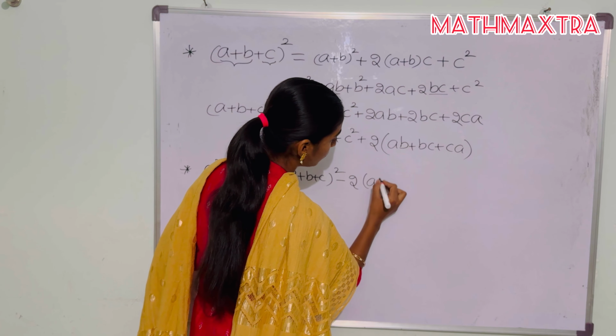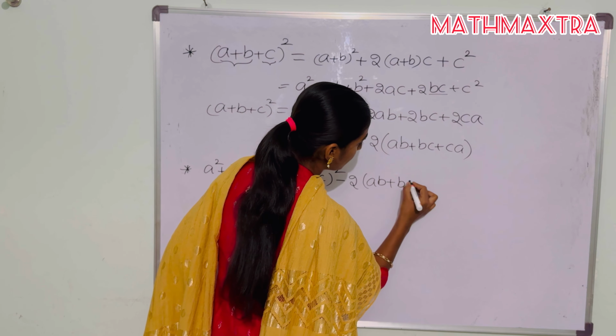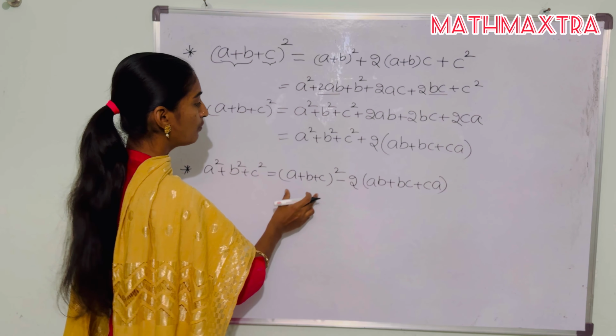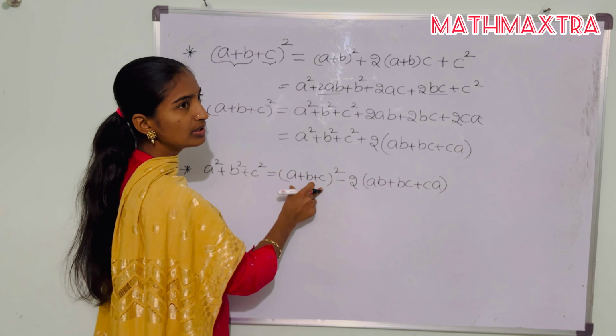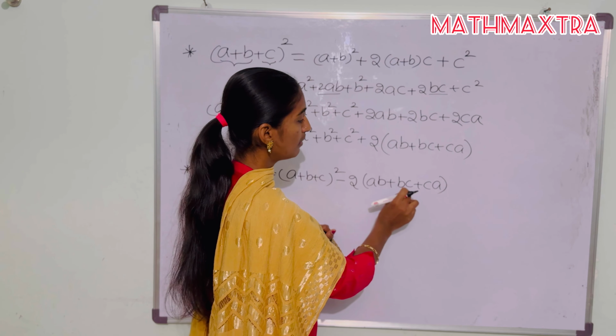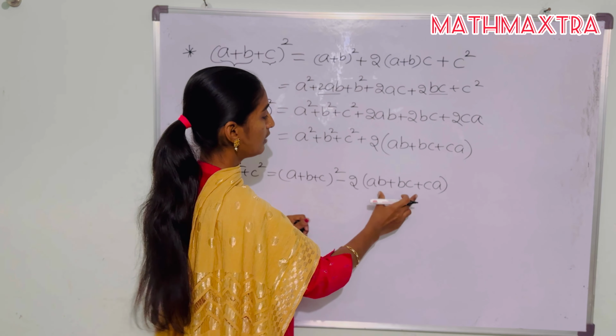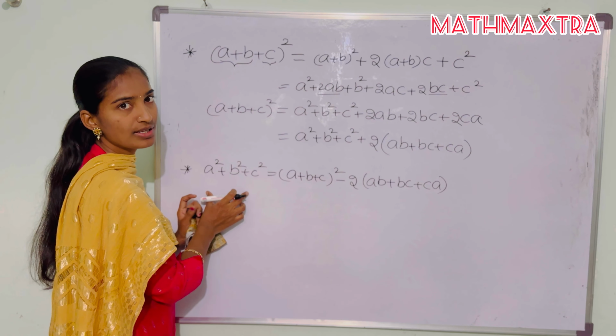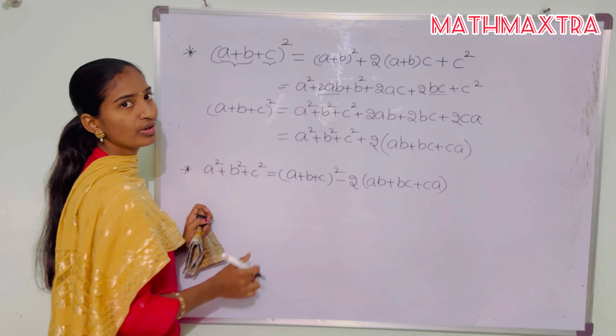Minus 2 times (ab plus bc plus ca). So if you have the sum of all a, b, c and the sum of the product of two terms, ab plus bc plus ca, you can calculate a square plus b square plus c square. So this is one more identity.